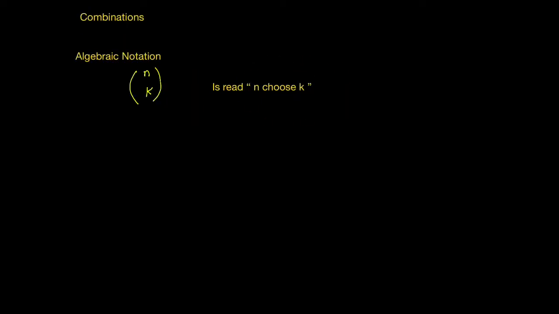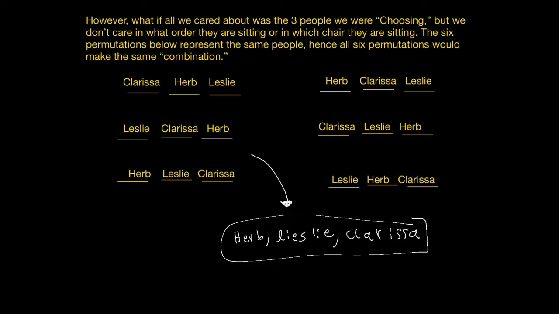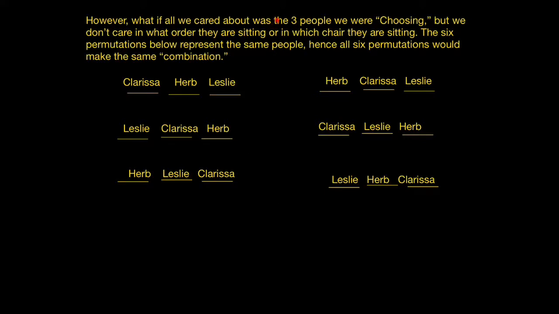It's not a rigorous proof or anything, but here we had 3 people and we had 3 chairs. Because we have 3 people here, we have a total of 3 factorial rearrangements of these 3 people. And that 3 factorial is equal to these 6 distinct permutations.